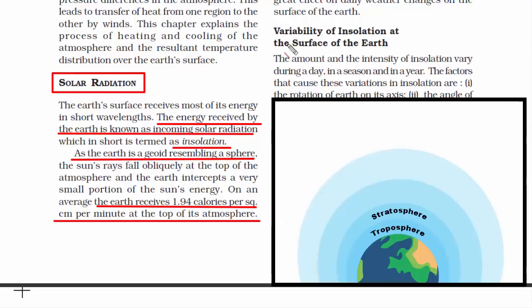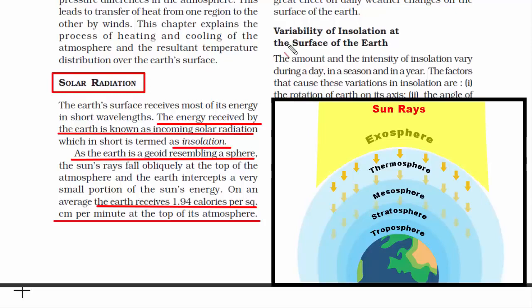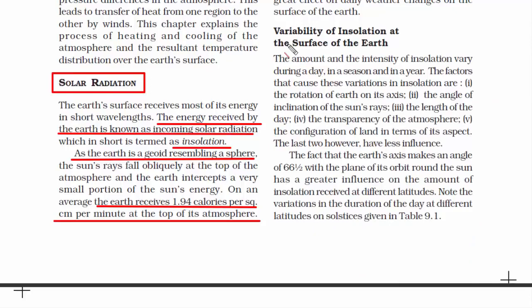Because we know that the layers of the atmosphere filter a huge quantity of sun rays, basically the atmosphere absorbs most of the sun rays and it also reflects or sends most of the sun rays back into space. And it is due to this reason that the temperature system on Earth is balanced, because the Earth is not very cool nor very hot during the entire course of the year. So this was all about how much solar radiation reaches Earth.